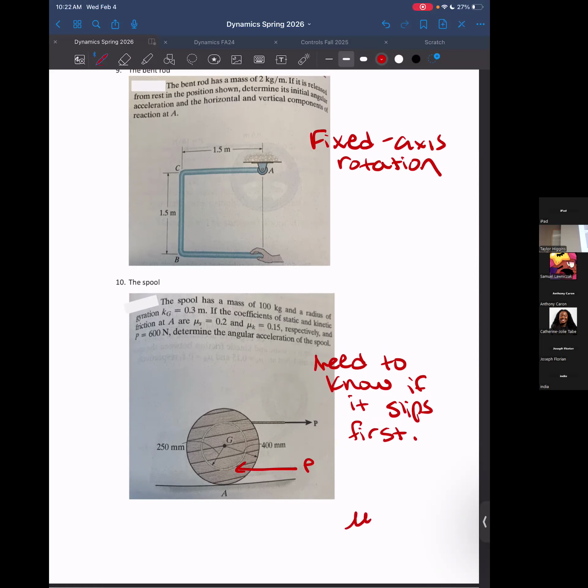The friction force equals mu_k N or mu_s N, and without calculating the normal force, we don't know what the friction force is. So without calculating anything, there's still the potential that the friction force is somehow equal to P.